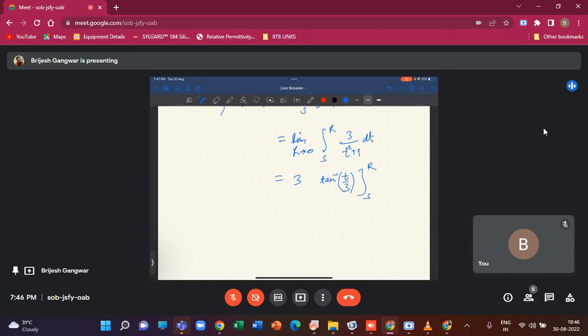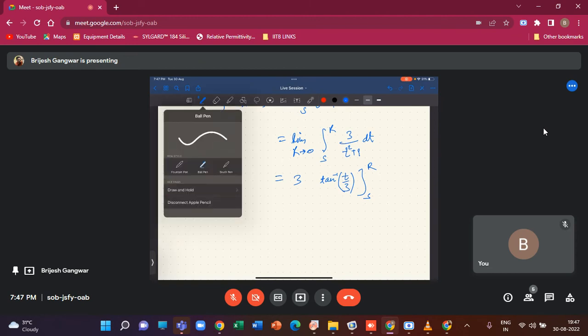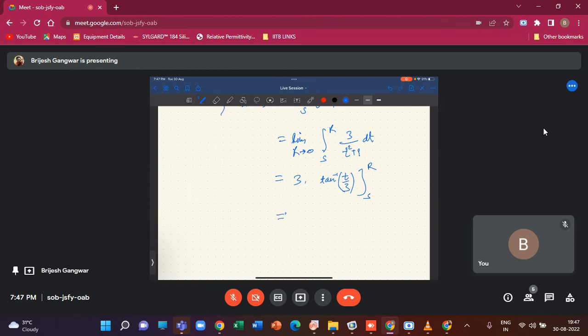So this limit r tends to infinity gives tan inverse r by 3 minus tan inverse s by 3.